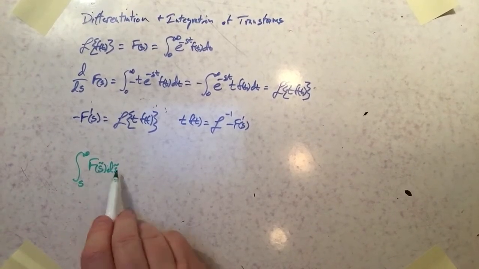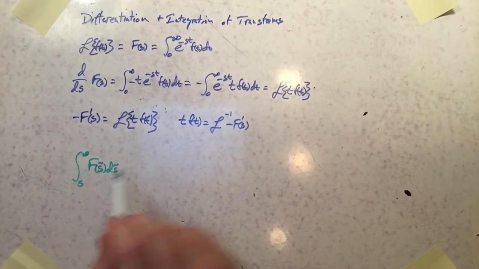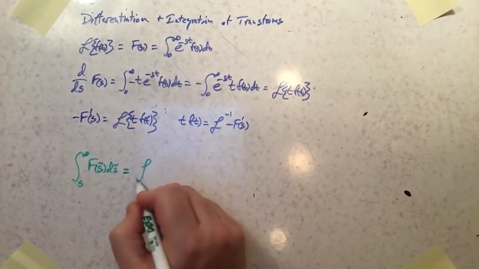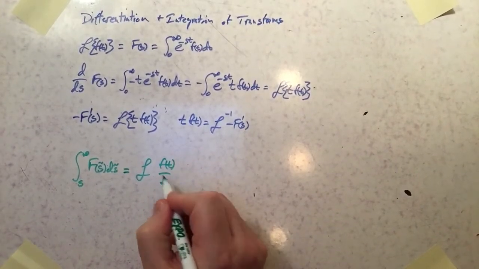That will leave it as a function of s. Well, what's that equal to? Unsurprisingly, this is the Laplace transform of f(t) over t.